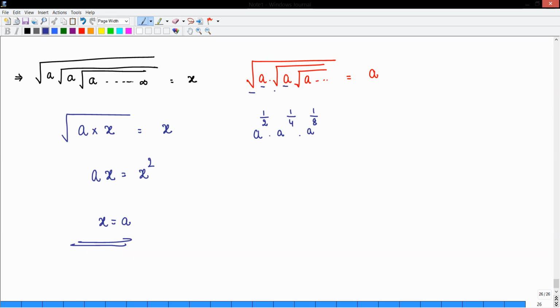On the second day you have two roots, on the third day you have three roots. It goes on like this. It becomes a to the power of 1 by 2 plus 1 by 4 and so on. It will give you simply 1, because it becomes a. Right?